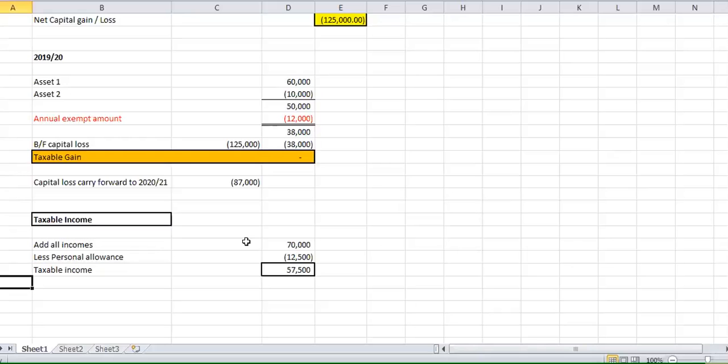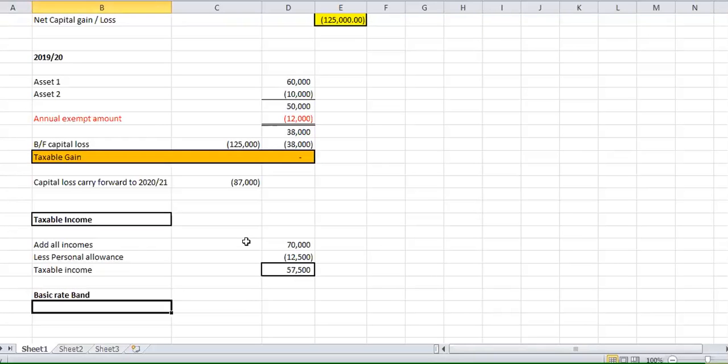Now, why we are going to cover this point? The next term which I'm going to explain is basic rate band. Students, basic rate band is a level of tax.